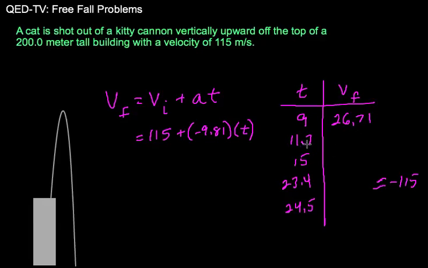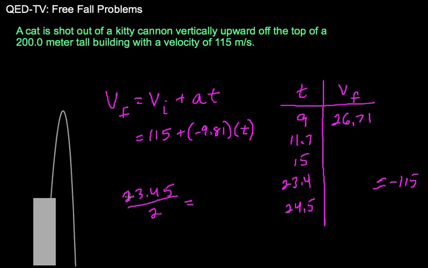And then if I put 11.7 seconds in here, and you'll notice in that last problem, it took about 23.45 seconds to get from here all the way up to here and back down to here, which means how much time would it take to get up here to the top? Well, it's just going to be half of that because it's completely symmetrical.